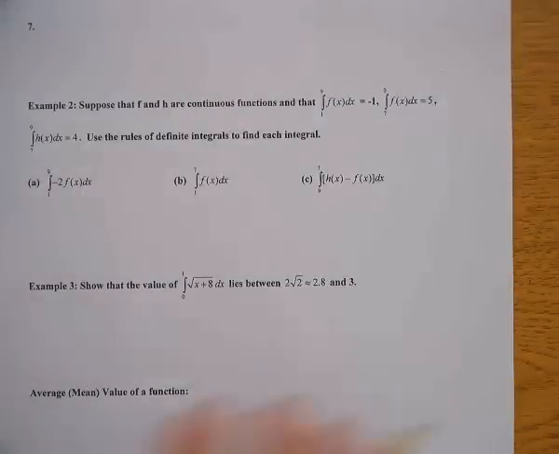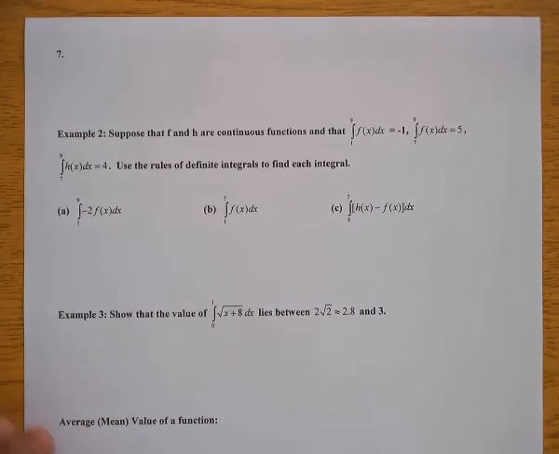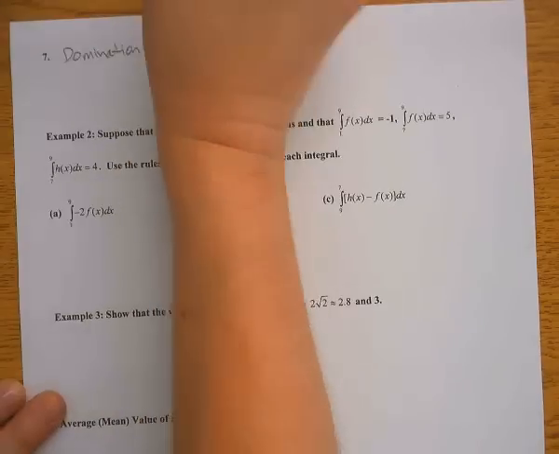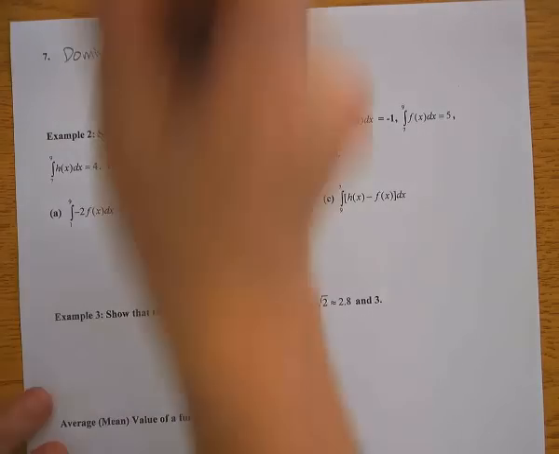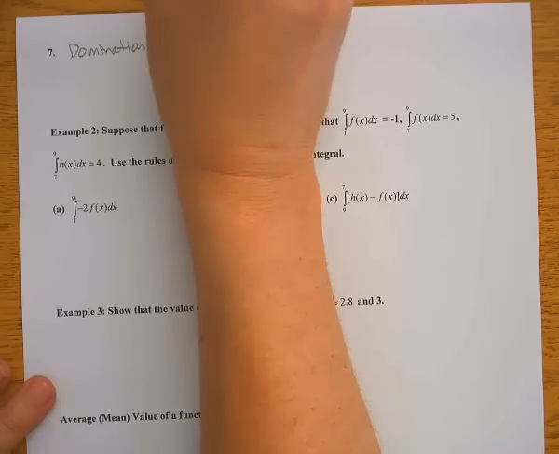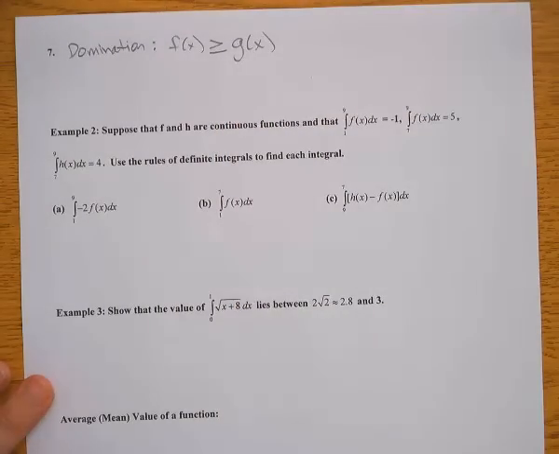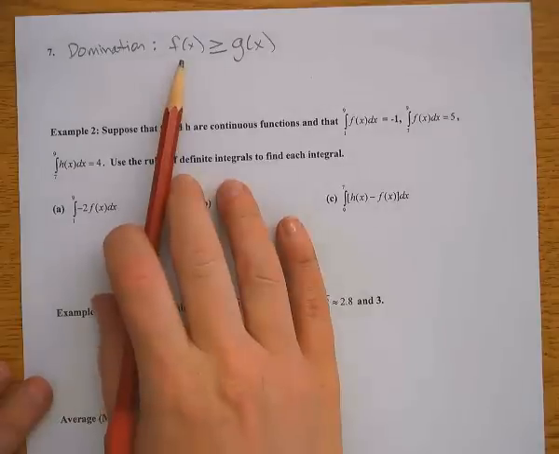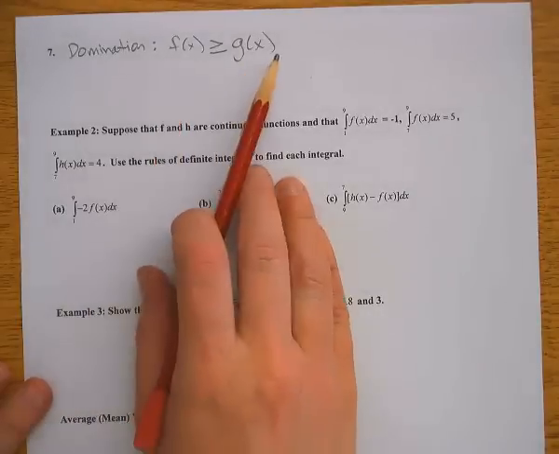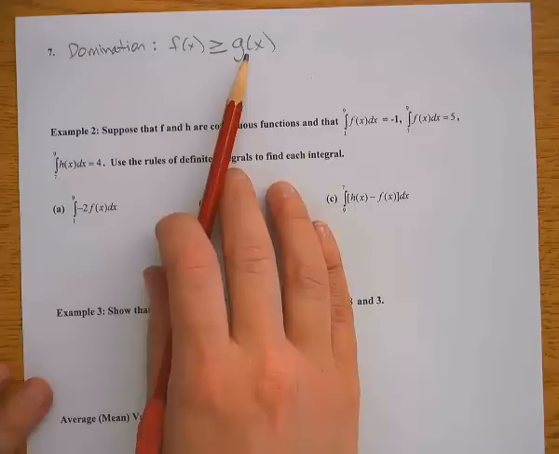So the last property of the definite integrals is called domination. And it's basically saying that, let's say you have two functions, f of x and g of x, and f of x is greater than or equal to g of x, meaning that the values of this function are always higher up than the values of this function. These values are always greater than these values.